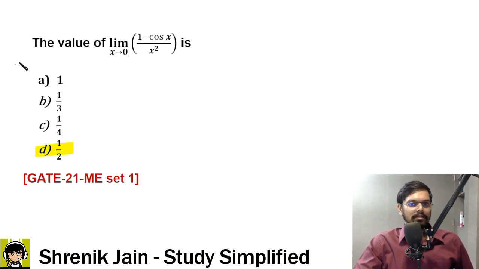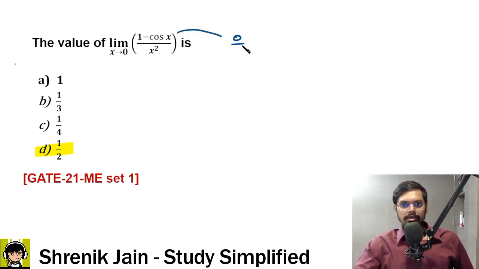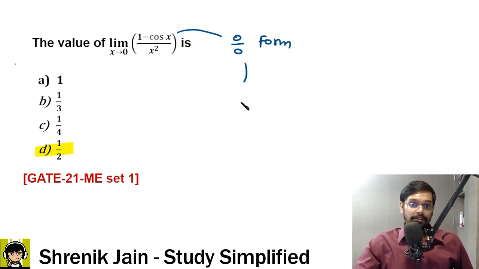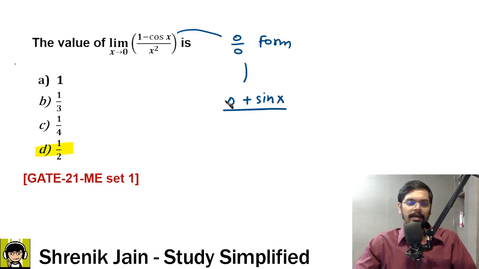Sir, we did the direct substitution. When we did the direct substitution, we got 0 by 0 form. Sir, when we get 0 by 0 form, we differentiate the numerator with respect to x. If I differentiate the numerator with respect to x, it is 0 minus cos x differentiation is positive sin x, divided by x square differentiation is 2x, so now limit x tends to 0.